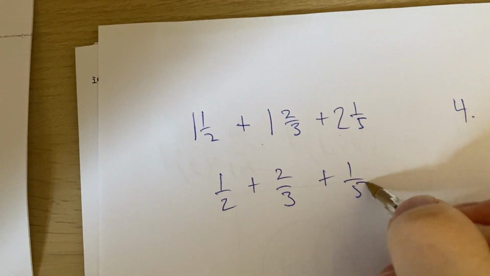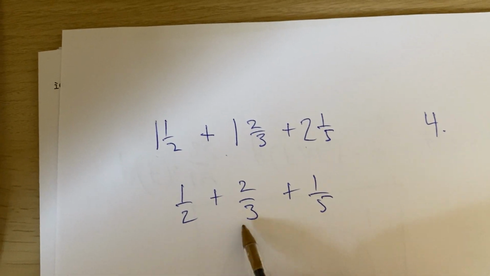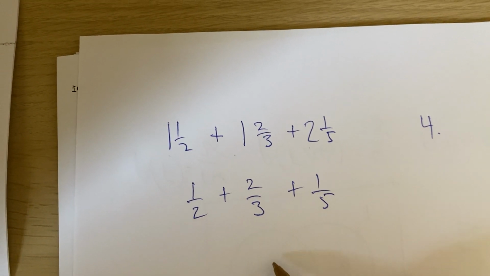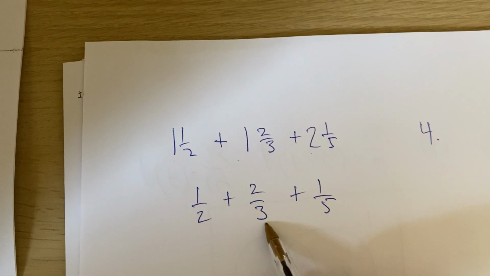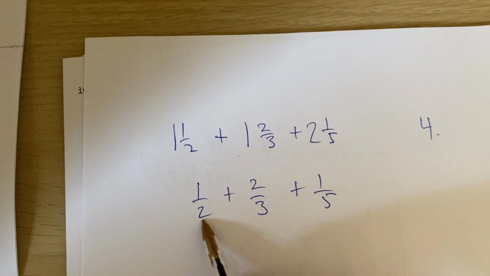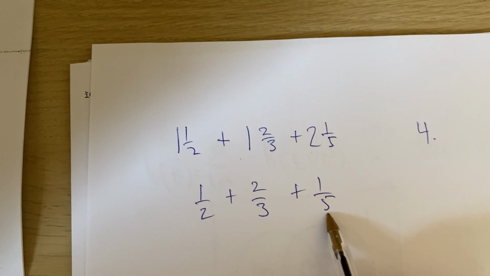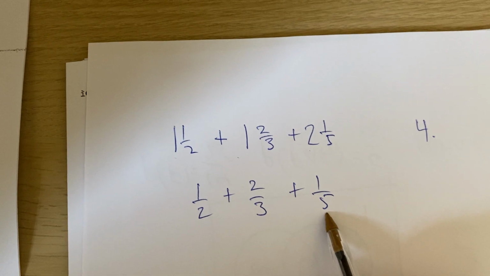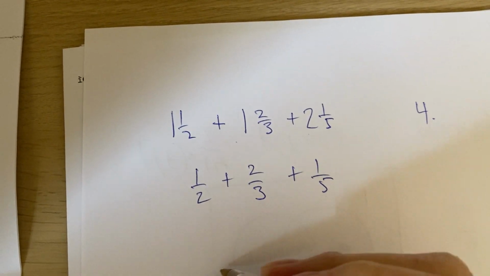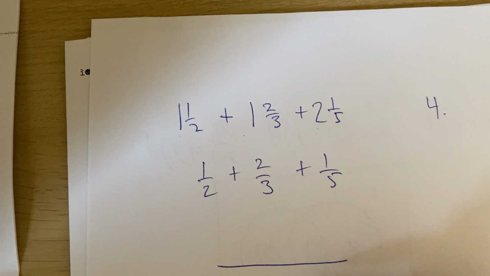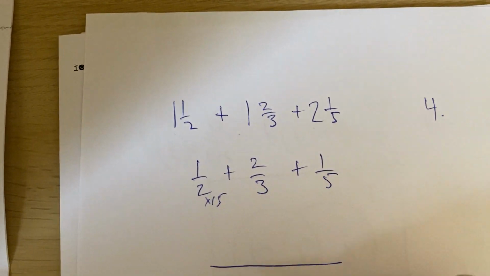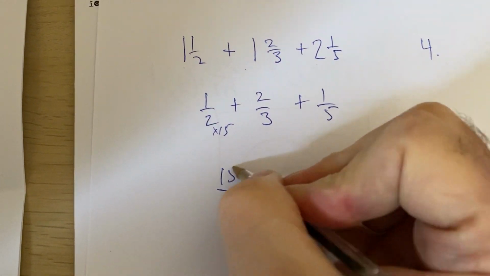And a quick way to think about this is they've all got to have the same bottom number. What's the lowest common multiple? So lowest common multiple, if I just times them together, 2 times 3 is 6, 6 times 5 is 30. Let's assume 30. Okay, so to do that, I times that by 15. So therefore that's 15.